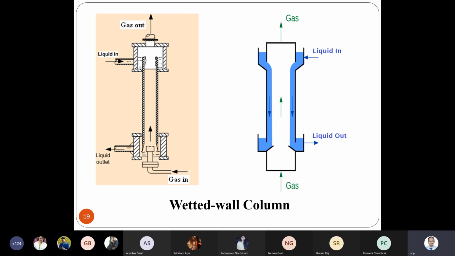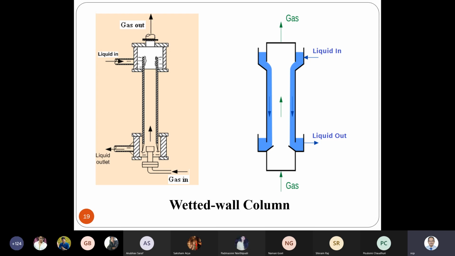Also, one large-scale application of this type of contactor is in hydrochloric acid production, by the absorption of hydrogen chloride gas in water. Basically that is exothermic, and this type of contactor is used.